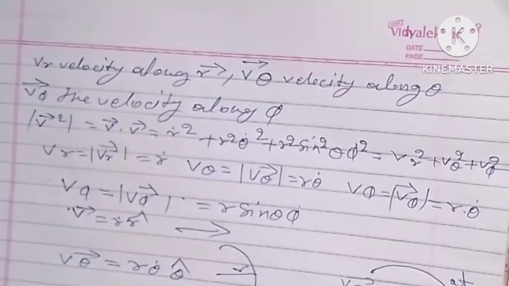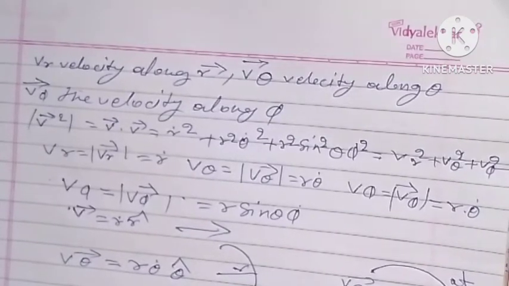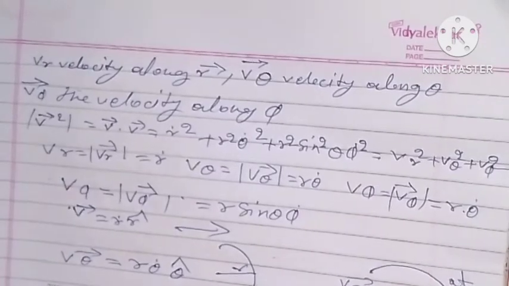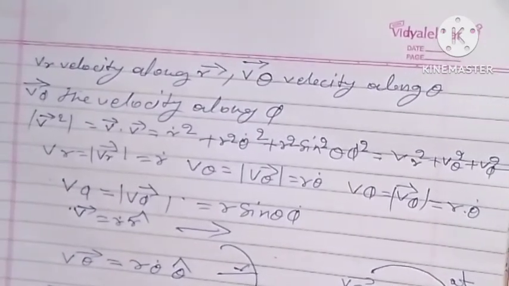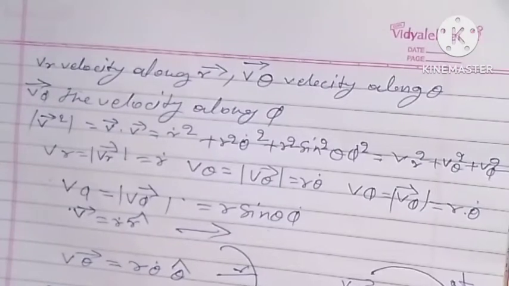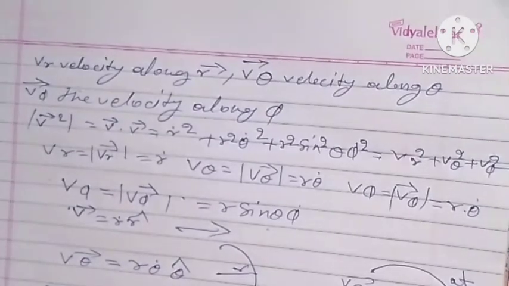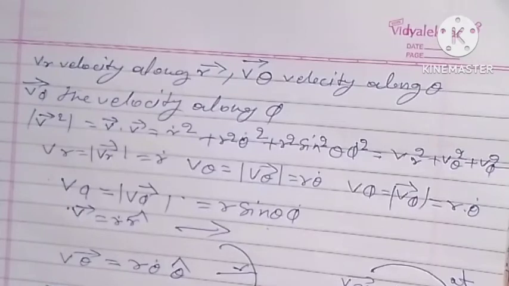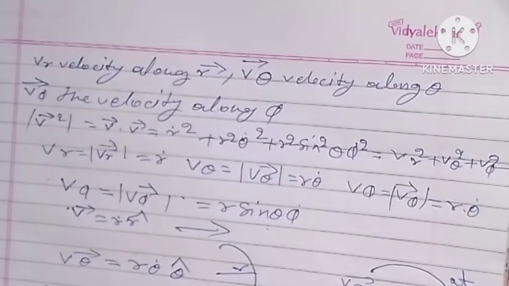When the particle moves in a curved path in space, it has in addition the third component, r sin theta differentiate of phi.